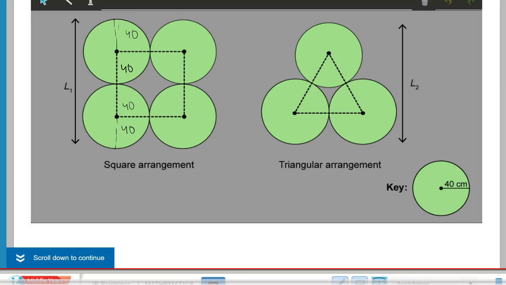So look, the radius of the one circle is 40 centimeters. So the diameter is supposed to be 80, right? So this entirety of this is going to be 80. This one is supposed to be 80, right? So the dashed lines connect the centers of the three mutually tangent circles, forming an equilateral triangle. And each side length is equal to the two radii, so basically 80 centimeters.